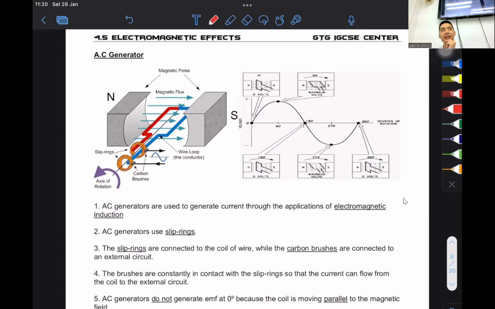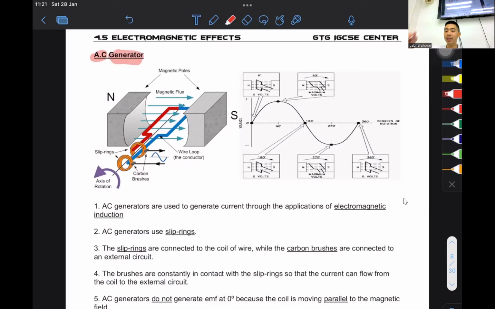Guys, can you give me an example of when there will be an AC generator? If you think about it, AC means alternating current and generator means to generate, right?